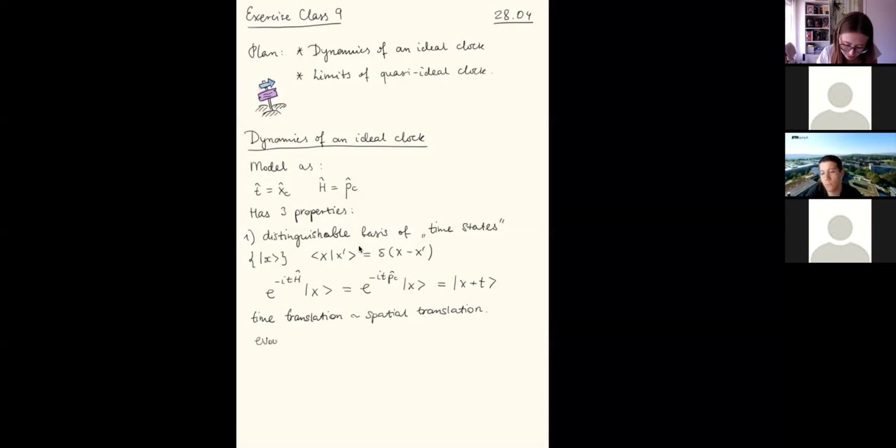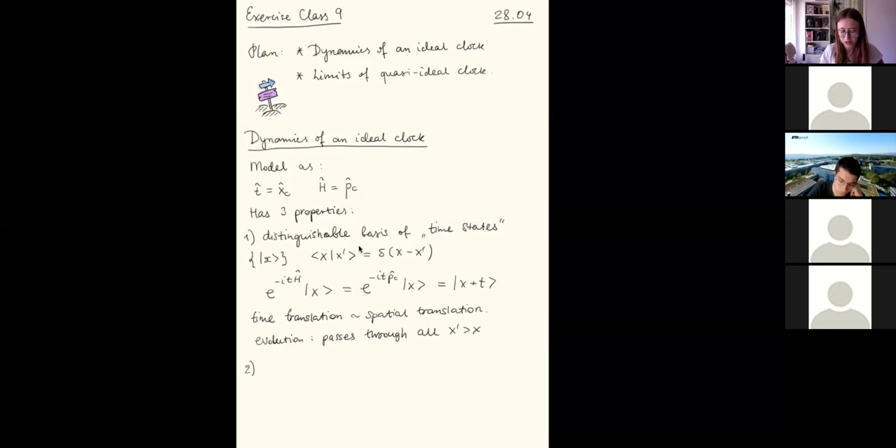So in the sense of a time operator, x moves forward. Okay, so this is the first property which we would like the clock to have, and which it has.